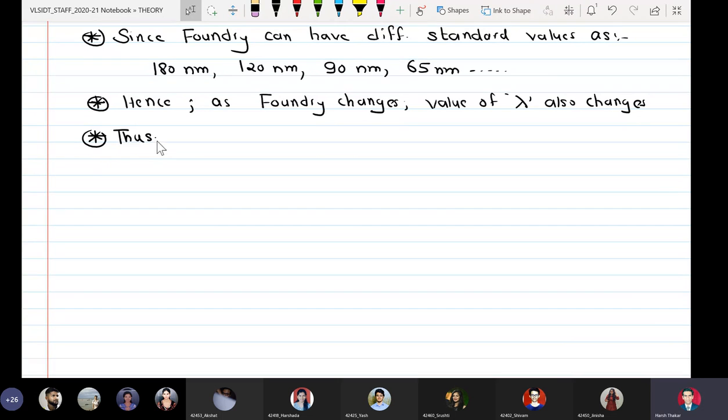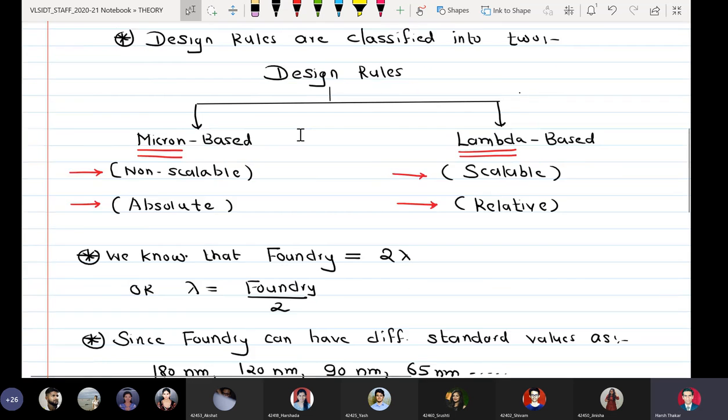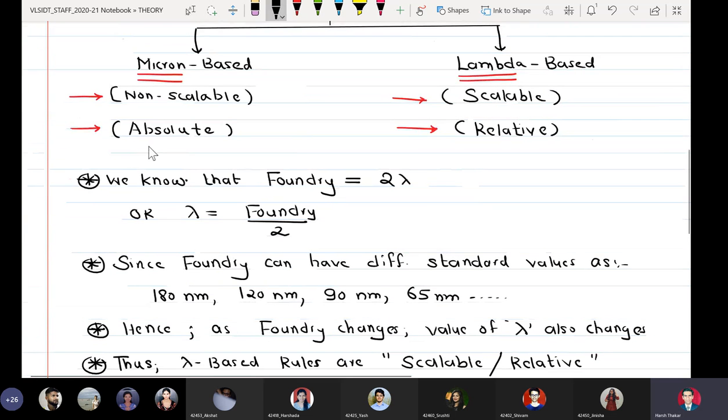Thus, lambda-based rules are scalable or relative. Okay, so we can give the name here.